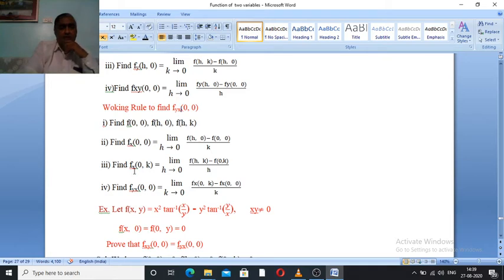Find first order partial derivative at point (0,k), where the value of a is 0 and the value of b is k: limit h tends to 0 of f(0 + h, k) − f(0,k) upon h. Find f_yx(0,0) is equal to limit k tends to 0 of f_x(0,k) − f_x(0,0) upon k.